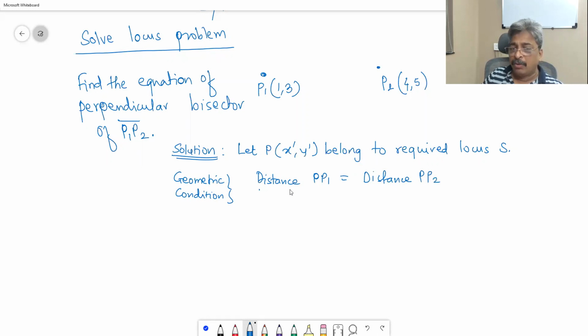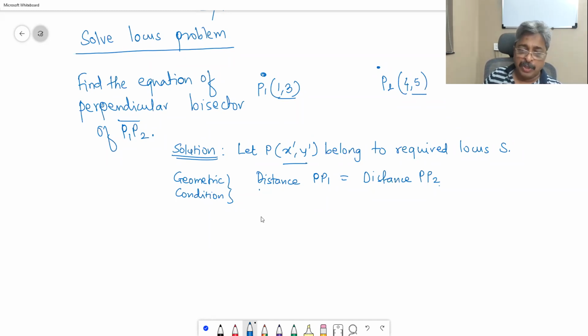We have found out how to find the distance between P and P1. Okay, so P1 is this, P is this, P2 is this. So distance PP1 using distance formula. Now from here you start using your two-dimensional geometry formulae or the knowledge that you have developed.